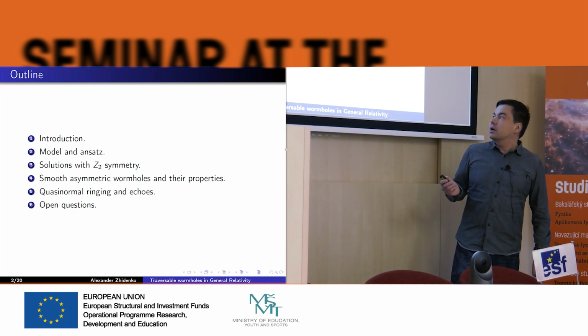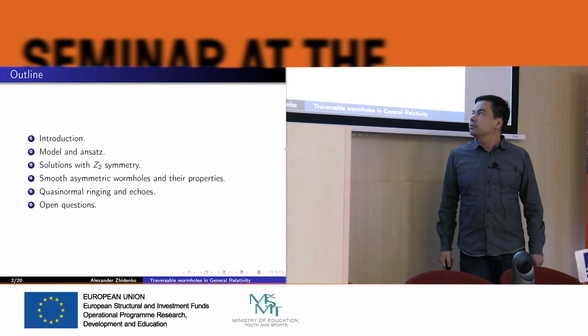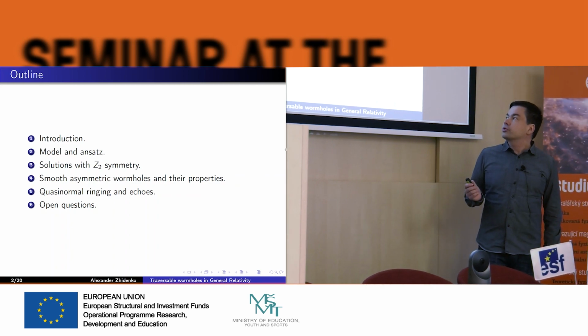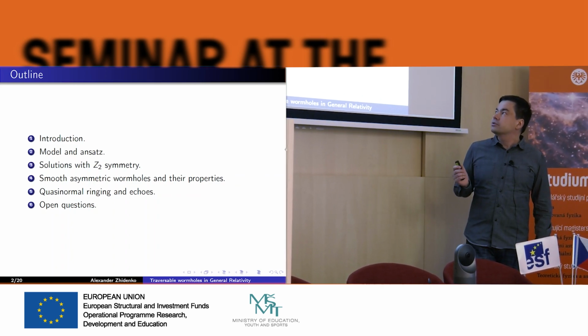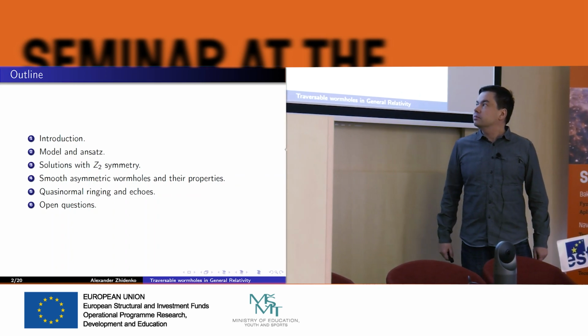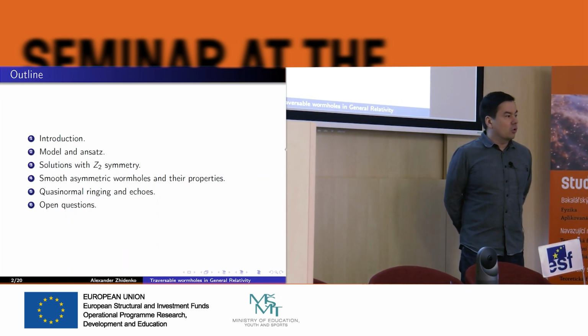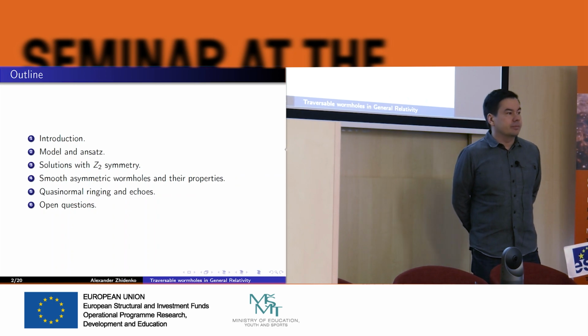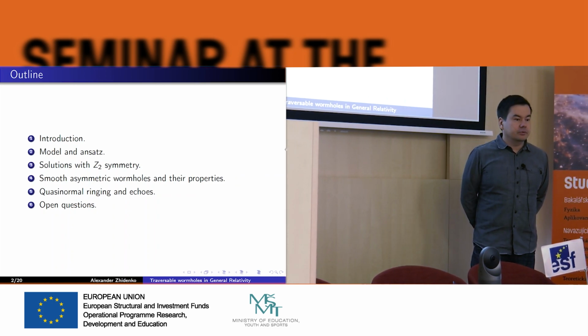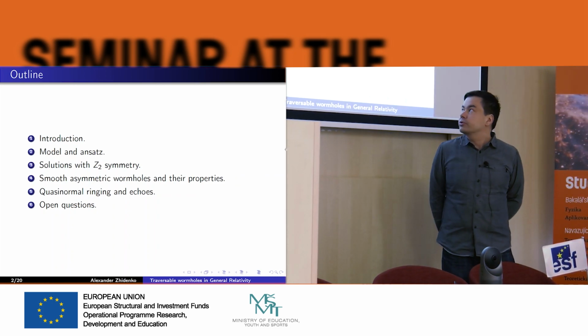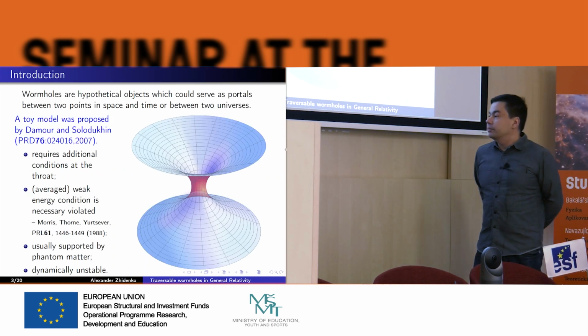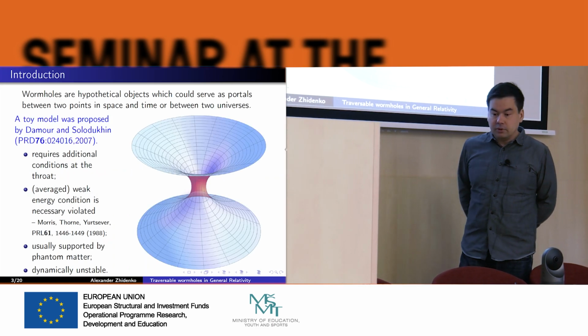And then I will talk a little bit about properties of this object, its quasi-normal rings, and briefly discuss open questions and problems related to these objects. Okay, about wormholes.